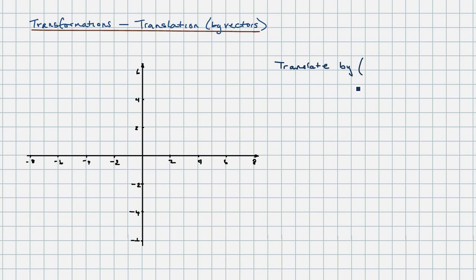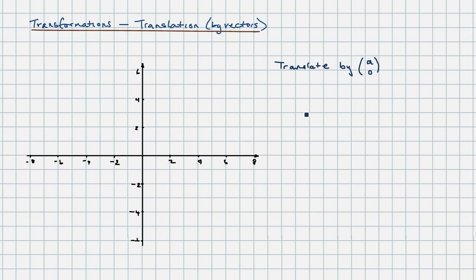Let's just start with a basic translation and move it horizontally. So we're going to move it by some number a, which could be positive or negative, so left or right, but we're not going to move it up or down, so we'll just set that at 0. That's our translation vector.